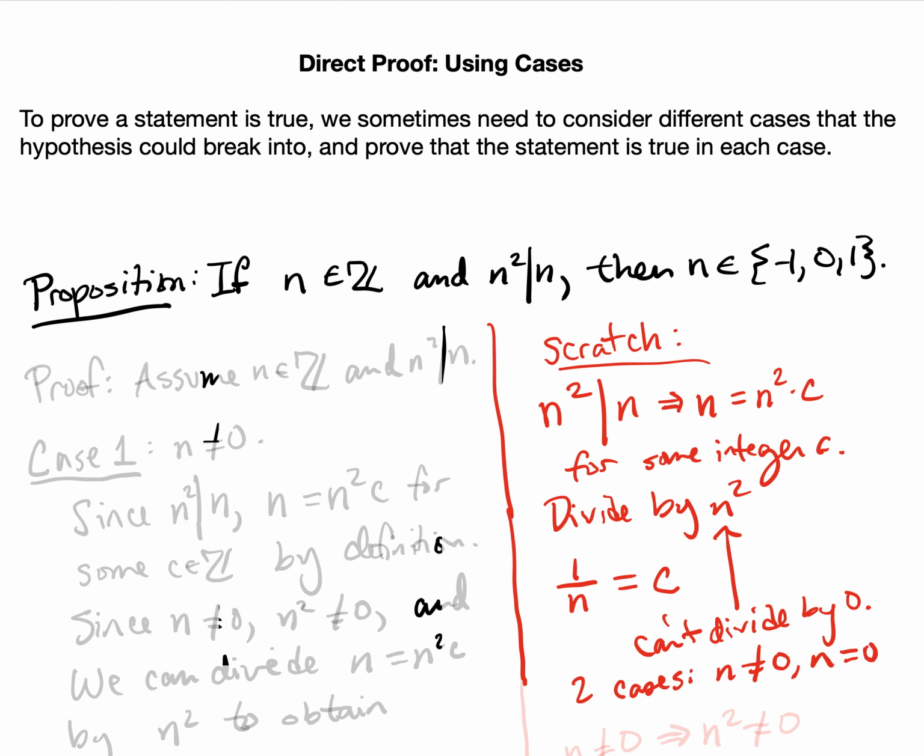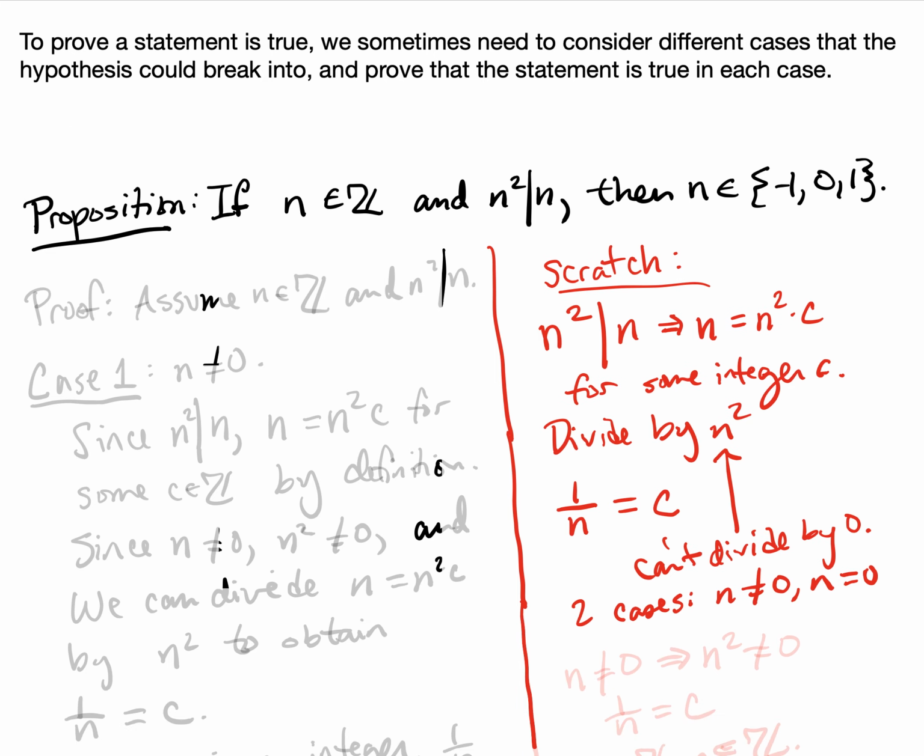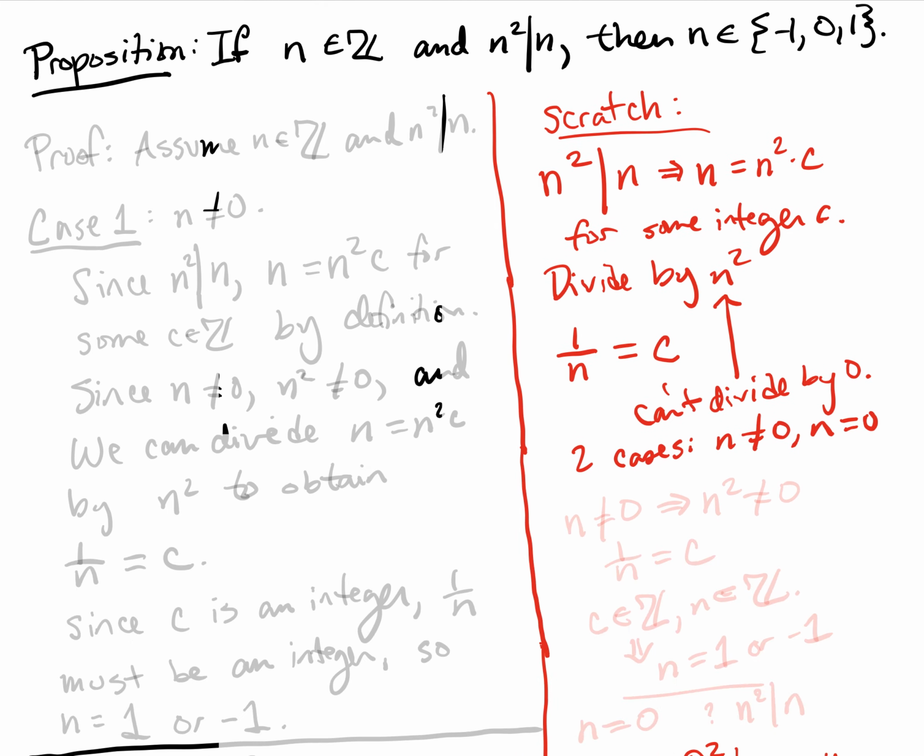While we're over here on the scratch paper side, we might as well think through the whole proof and see what's going to happen. When n is not 0, n squared is also not 0, and so we can divide both sides by n squared, obtaining the equation 1 over n is equal to c.